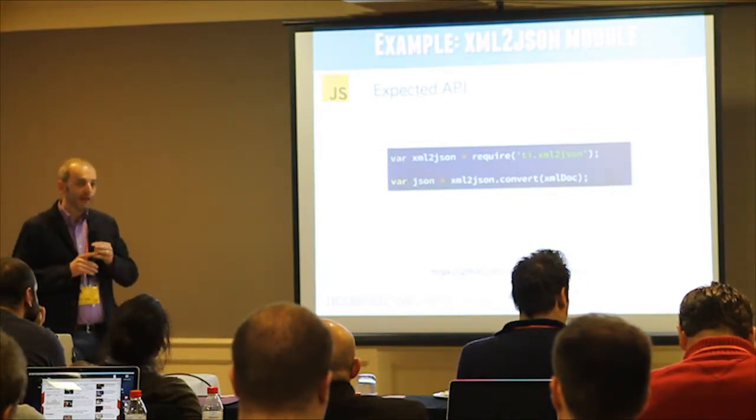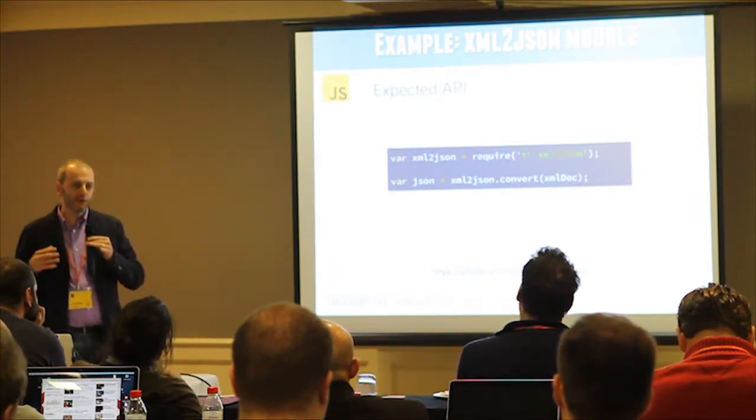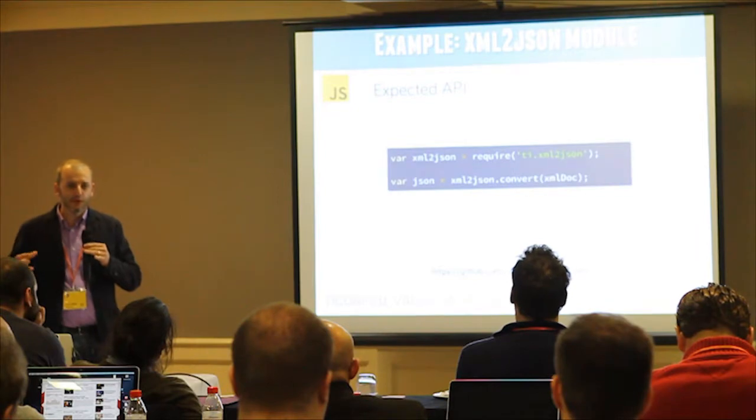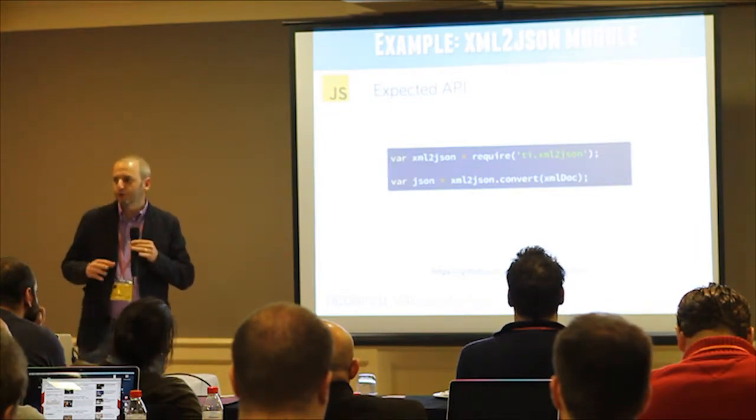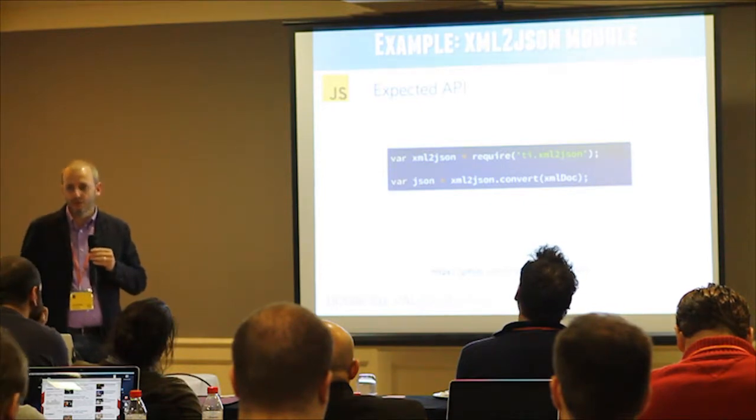And moreover, maybe we want to do this kind of operation in a fast way. So it's likely we want to offload this kind of functionality into a native module.